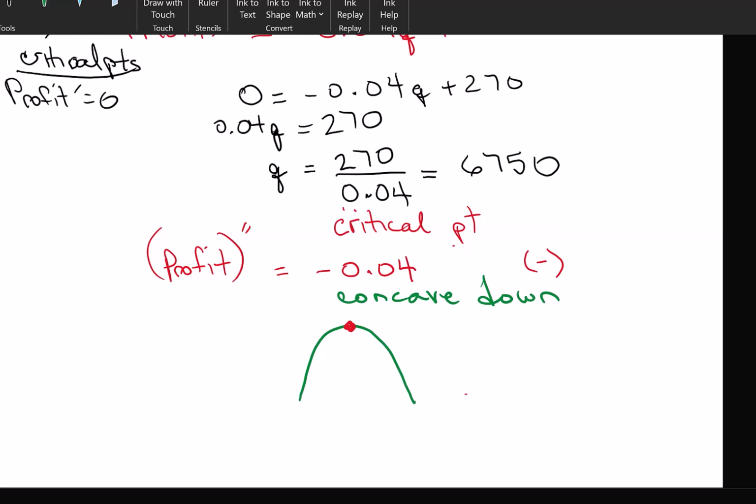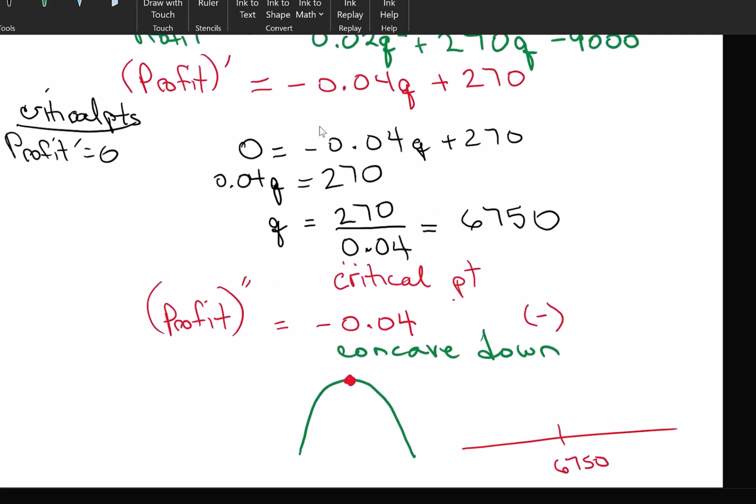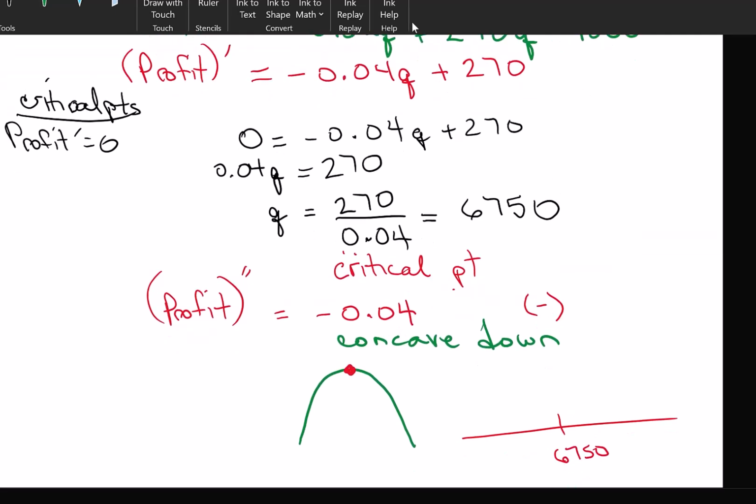If I were to put it on a number line, I would have to say this is 6,750, and then I could plug in a number less than and see what happens. It should be positive. So let's go back to the derivative of our profit. When Q is 0, it's definitely positive.